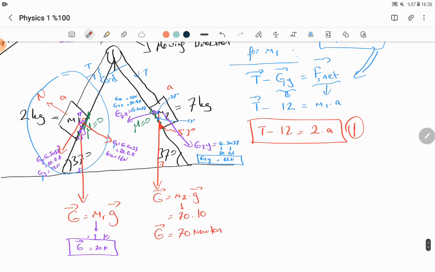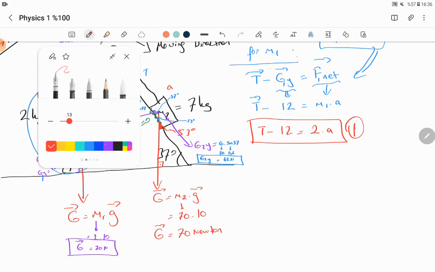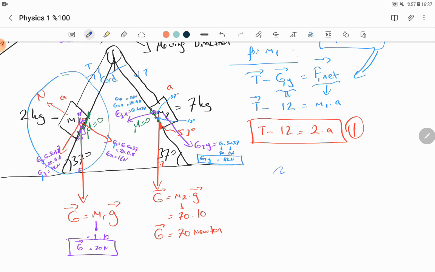And let's look into the second object, M2. And if you are looking here now, the G2y projection is bigger than T, the tension on the cord.